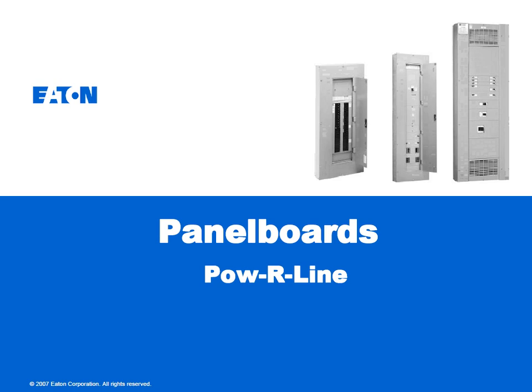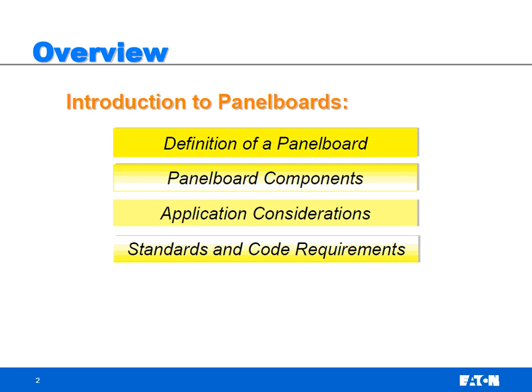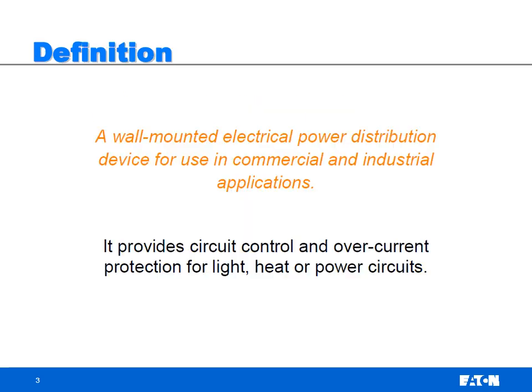Specifically, we'll talk about the panel boards first, and then we'll move into switchboards. This is information from me as a manufacturer on what I'm looking for in a panel board. We'll talk about what a panel board is, some of the components in it, some of the applications, and touch on the code.